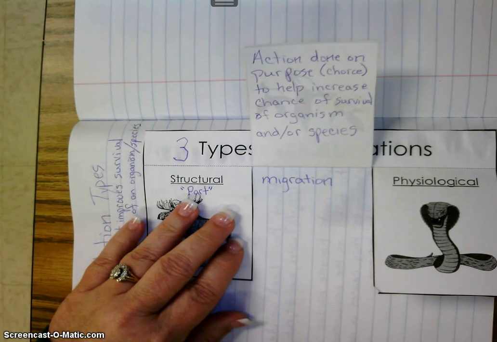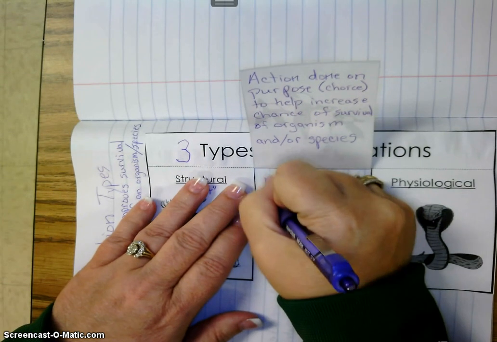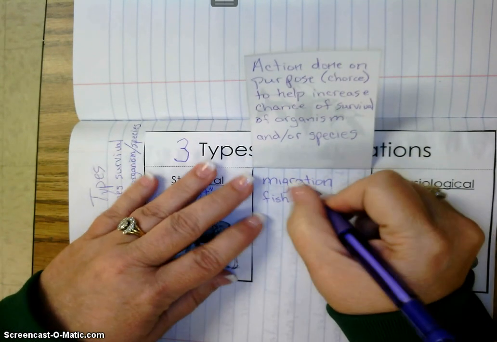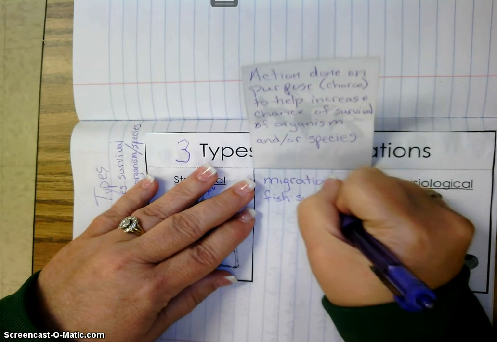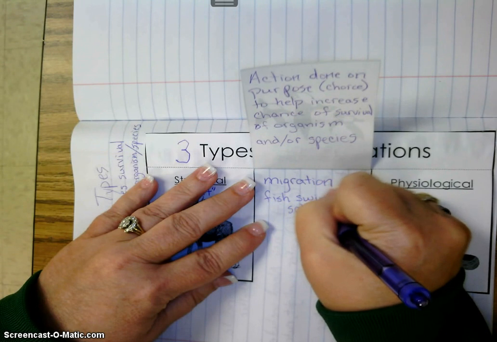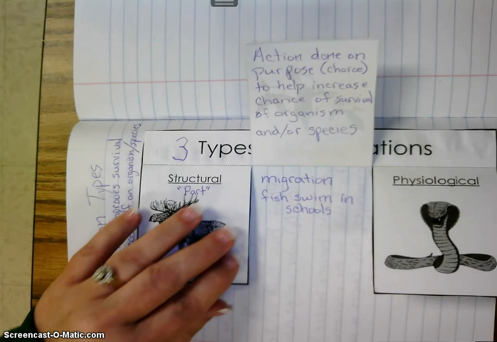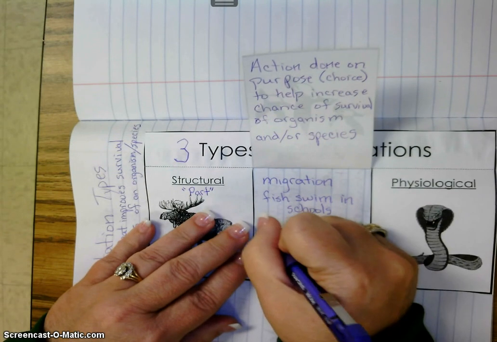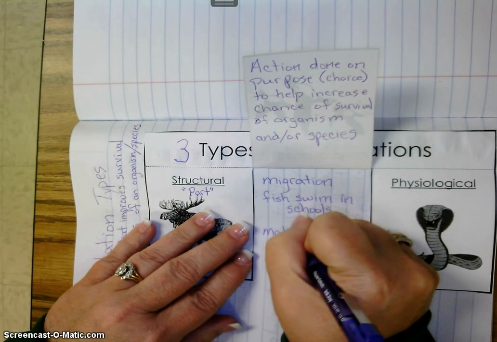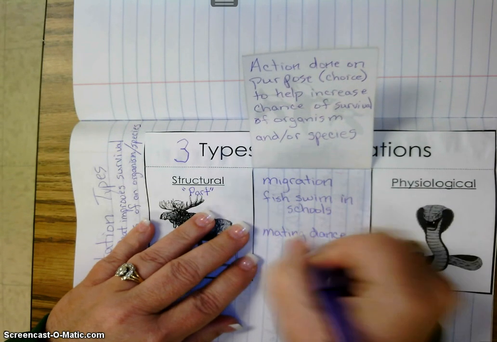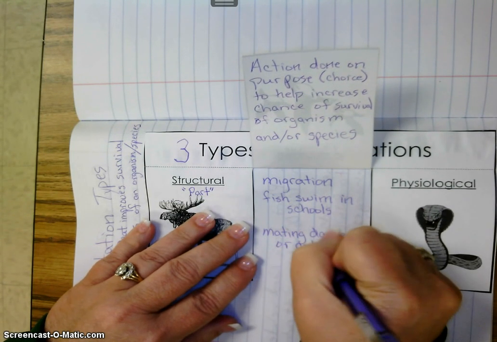We also have, the example in our book was the fish swim in schools so that the dolphins were less likely to be able to eat them. So fish swim in schools. They choose to swim in schools. They don't have to, but that does increase their chance of survival. A lot of animals have mating dances or mating calls that attract a mate so that the species will survive.